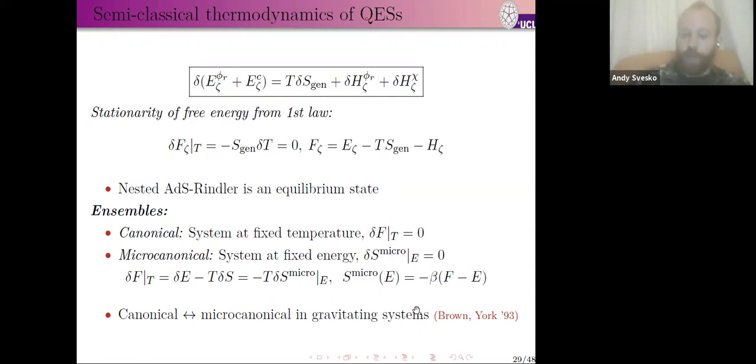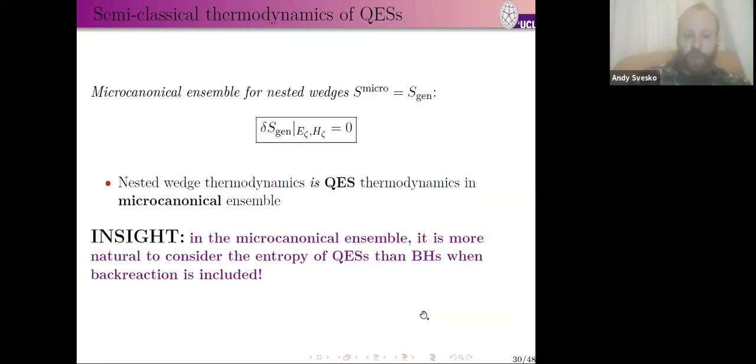And so we're going to apply this correspondence between canonical and microcanonical ensembles to our semi-classical JT action setup. You'll find that the microcanonical ensemble is naturally identified, because the microcanonical entropy is given by the generalized entropy, and the microcanonical ensemble is then given by the stationarity condition of the generalized entropy.